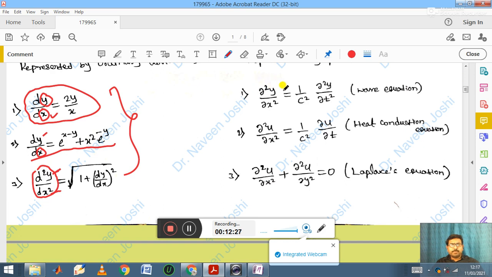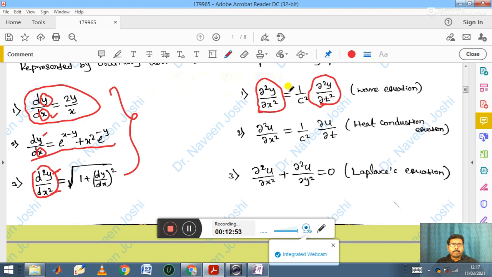Now go to this part. Here del square y by del x square: the notation itself is saying it is a partial differential equation. It is denoted by the symbol del. Del square y by del x square equals 1 by c square del square y by del t square. So this equation involves how many independent variables?